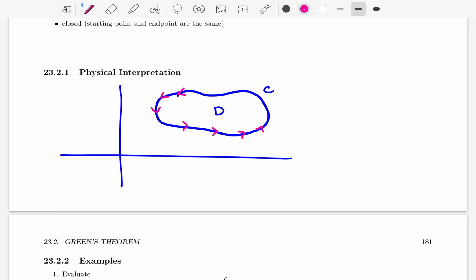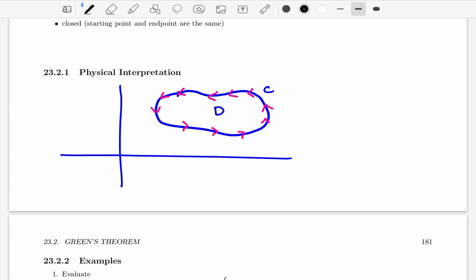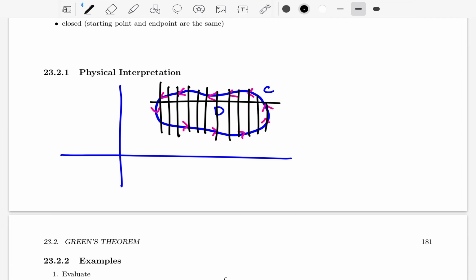So imagine now, let me finish this real quick. Imagine I take my region and now I do what we always do. I split it into a bunch of little sub areas, little sub squares, okay? And then imagine I look at the circulation inside my region. So imagine there's some fluid here. It could be anything.